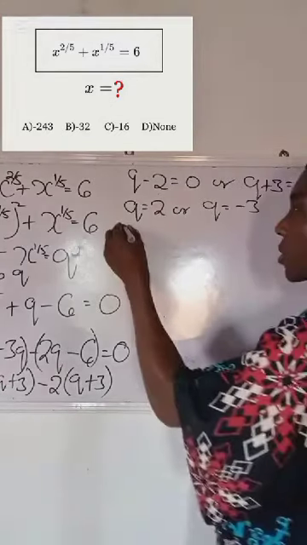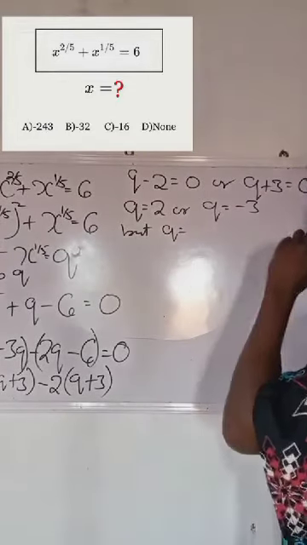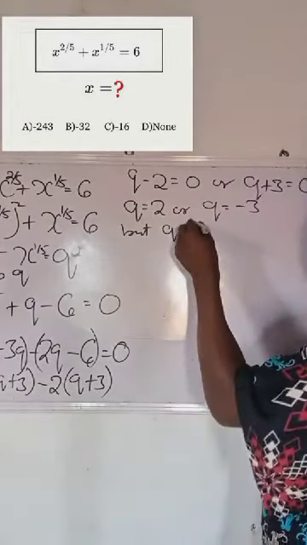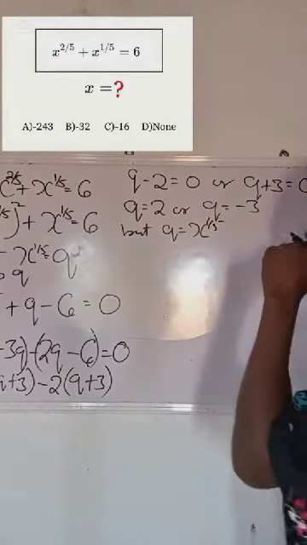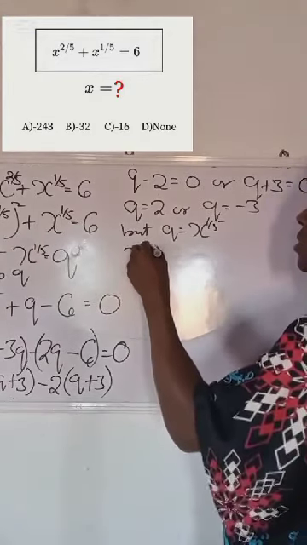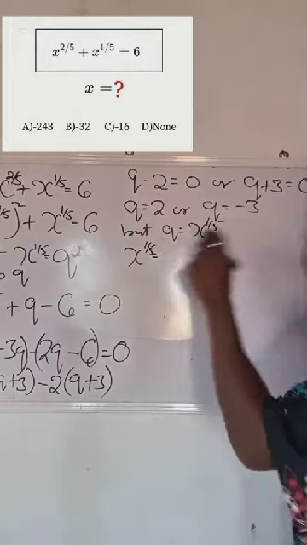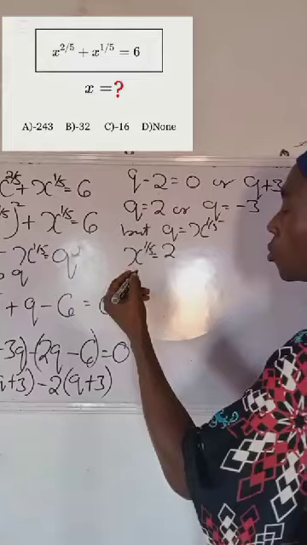Right? So from this, we now say, but what is my q? My q is equal to x raised to the power 1 over 5. So if q is equal to x raised to the power 1 over 5, we say x raised to the power 1 over 5 is equal to 2, that is when q is equal to 2.